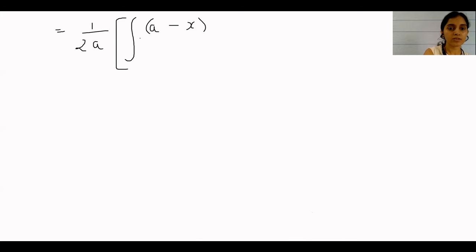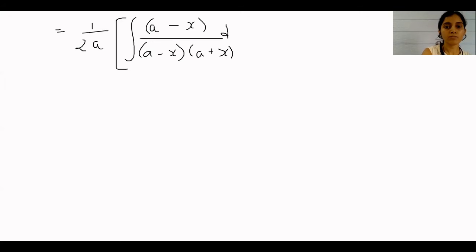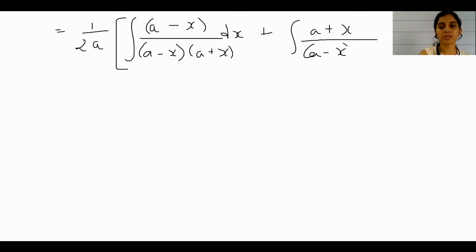So we are going to get 1 upon 2a, integration of, we put it in a bracket, a minus x divided by a minus x, a plus x dx, plus integration of a plus x divided by a minus x, a plus x dx.